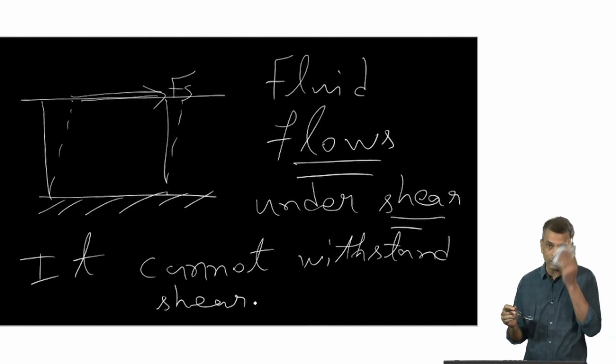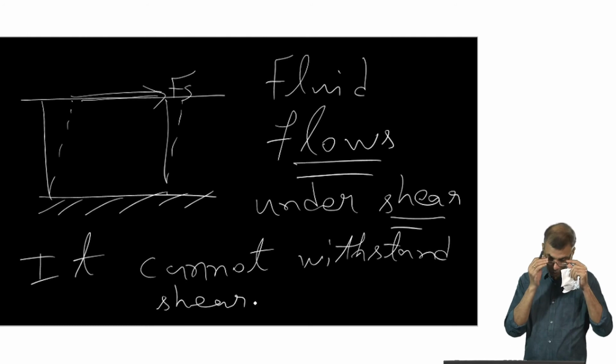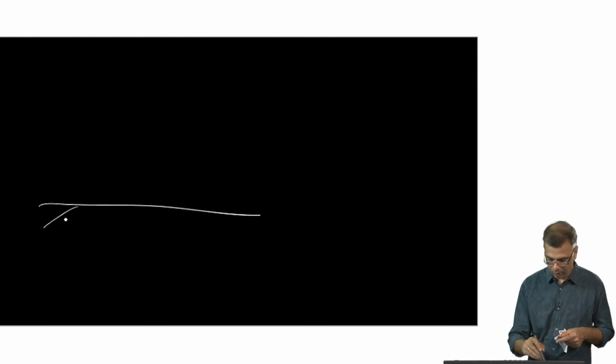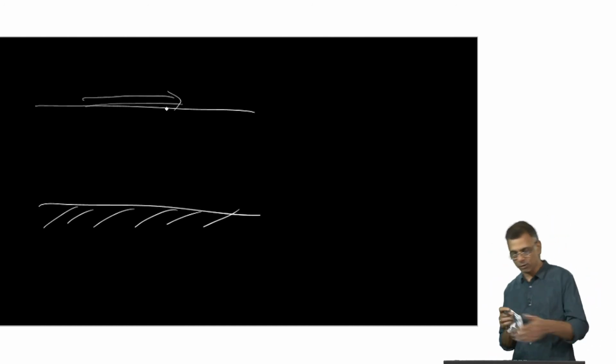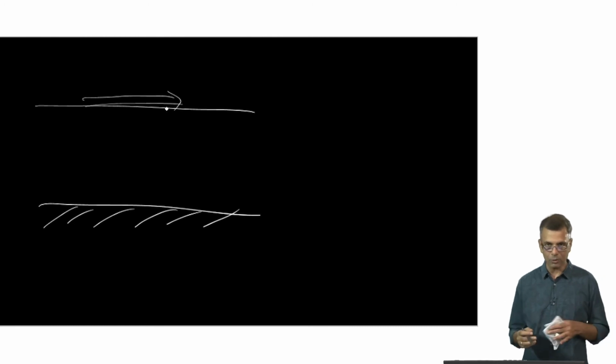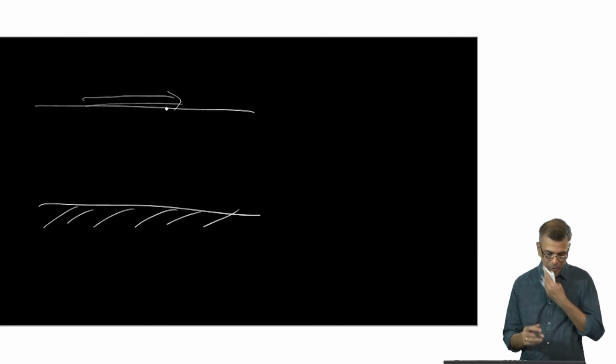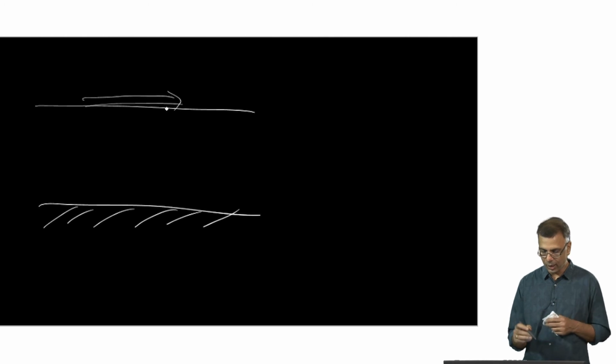So it cannot withstand shear, and more specifically, in the same kind of situation, you have a fluid surface like this, and you apply some kind of, say, wind blowing over the surface of a lake, or some situation like that. Suppose this was a container filled with honey.